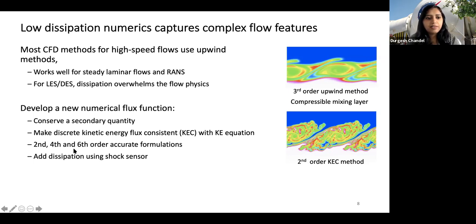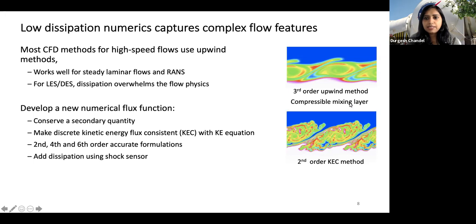This is developed for second, fourth, and sixth order accuracy. The dissipation here is added using the shock sensor. Only in the regions where the shock is present, the scheme turns into a first order highly dissipative scheme. Other than that, the numerical dissipation is low. This allows for the simulation of another class of problems.